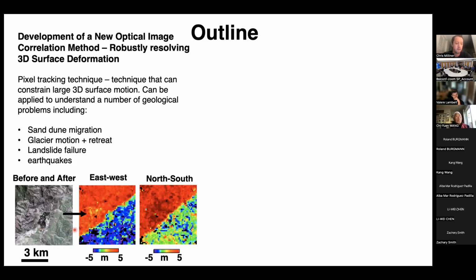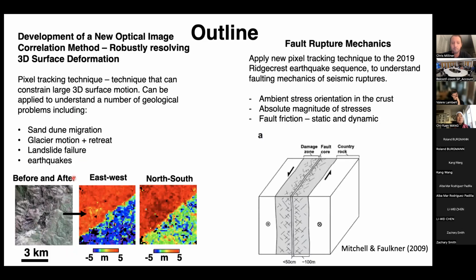And from that lateral translation, you would get the motion to subpixel precision in the east to west and north south direction. So this is a simple example of the traditional image correlation approach. And so you can see how this could be applied to other kinds of geological processes.